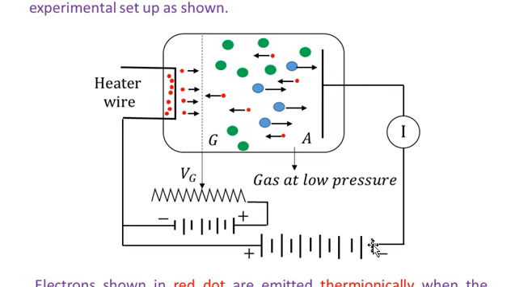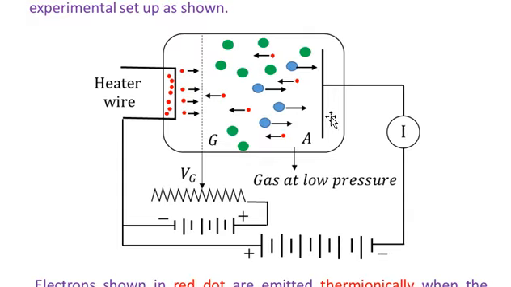And the negative terminal of that battery is connected with the plate A. So the plate A is at a much negative potential with respect to the grid G, so that it can attract all the ionized mercury atoms towards it, and the electrons are pushed away from this plate, so that the current which is recorded in this setup should be only because of the positively charged ions of the mercury, and not because of the electrons.